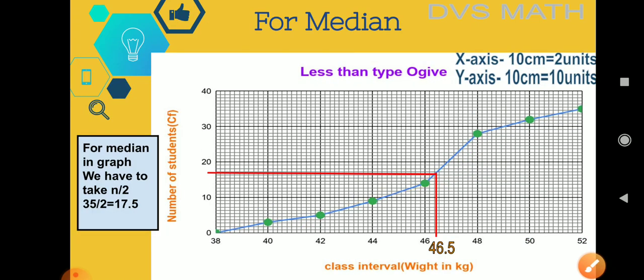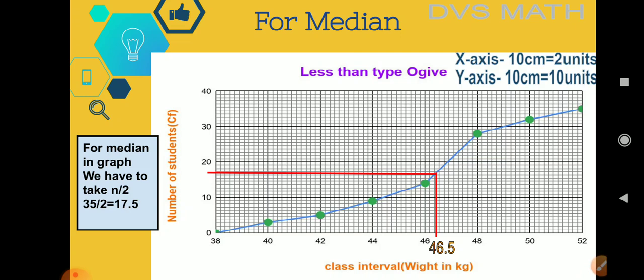Observe the same graph I took here. For the median in the graph, we have to take n by 2. It is easy to find the median using the graph, whether it is the more than graph or the less than type graph. What is the simple thing? Here the n value, you have to consider the total students.